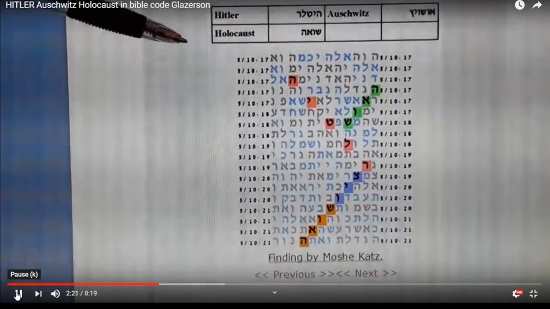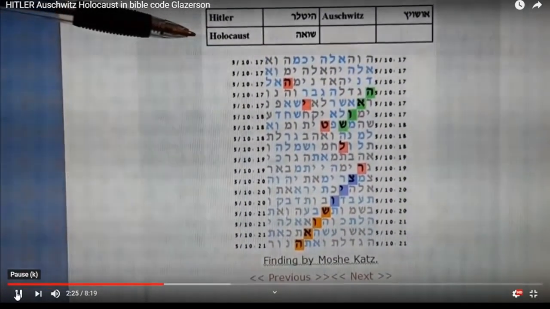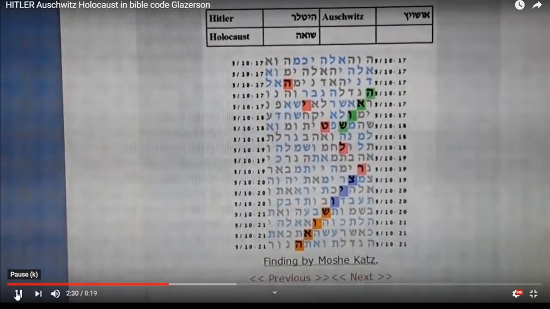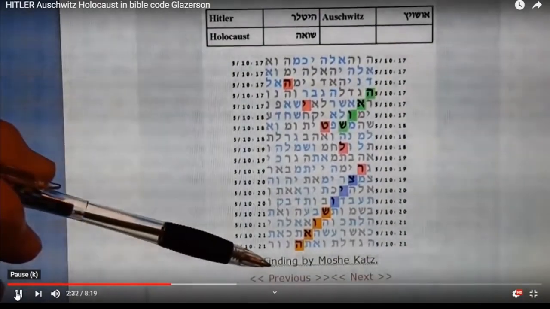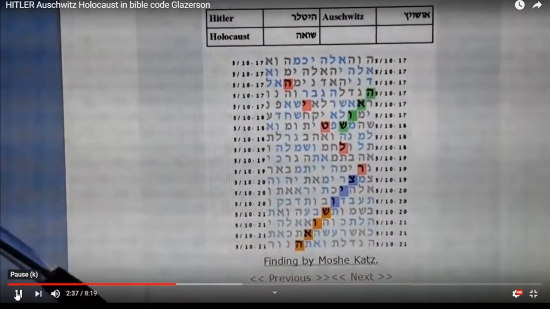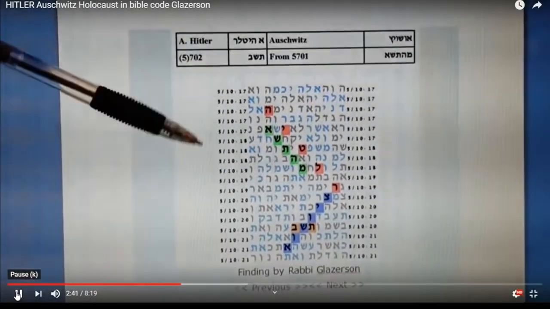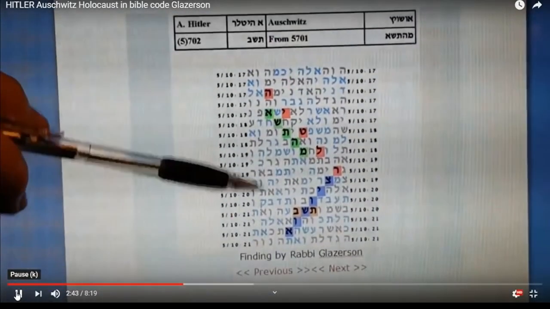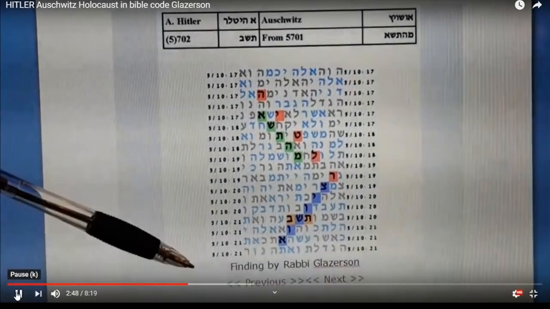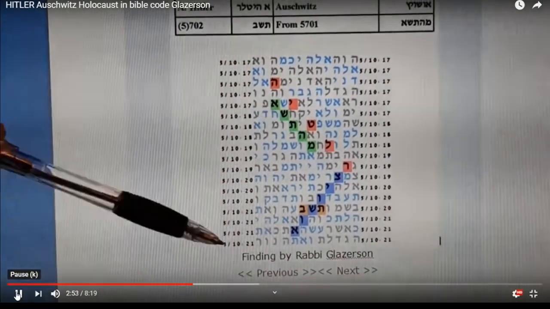So, as we said, a table with those words, as you see here, Holocaust, Auschwitz, and Hitler. This is really the first stage, the basis, as we said, found by Dr. Moshe Katz, previously from the Technion in Haifa. Now this one, remember, is a program of Professor Haralick, who is now working on it. And here I found additional things to what Dr. Katz found.